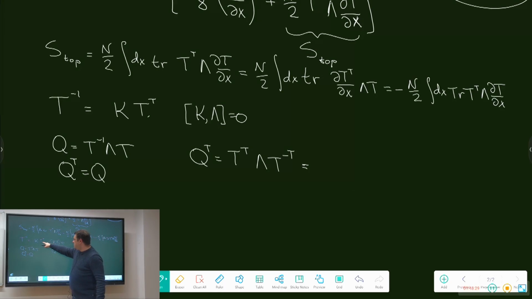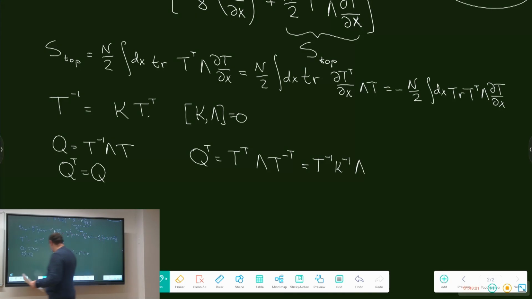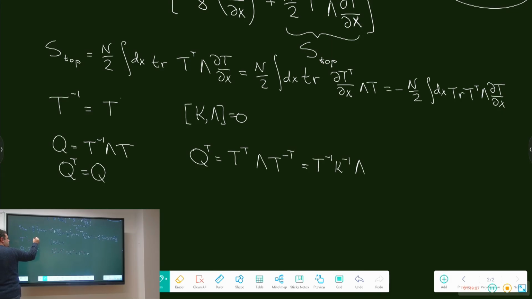T transposed is T inverse K inverse times lambda, and this thing is transpose of T inverse. Ah, no, this is wrong. Sorry, this is wrong. It's T transposed times K from the other side. Like this.